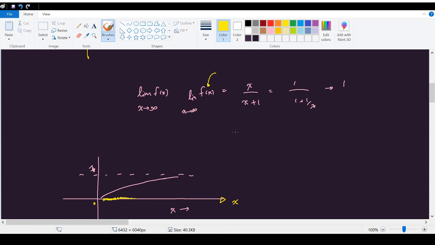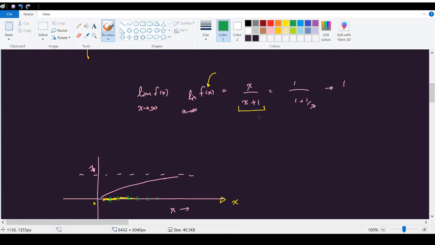But if we define a sequence with the same formula, we restrict our choice for the values of the domain, so we restrict only to the natural numbers, right?